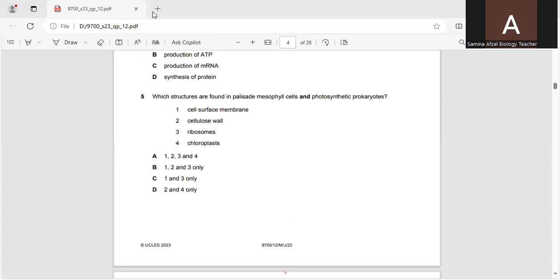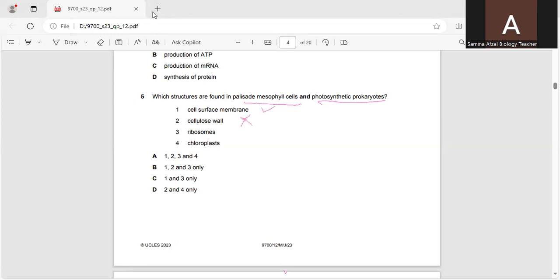Which structures are found in the palisade mesophyll cells and in photosynthetic prokaryotes? Cell surface membrane, yes.